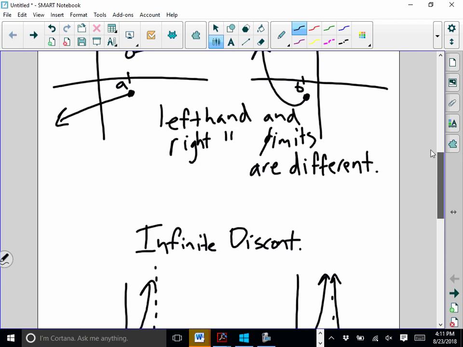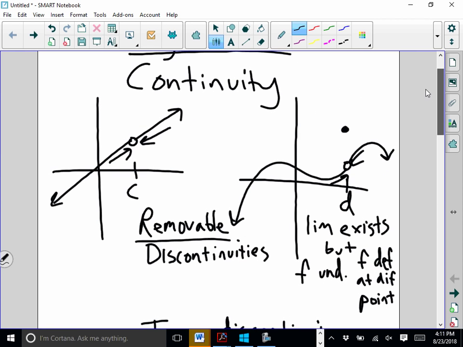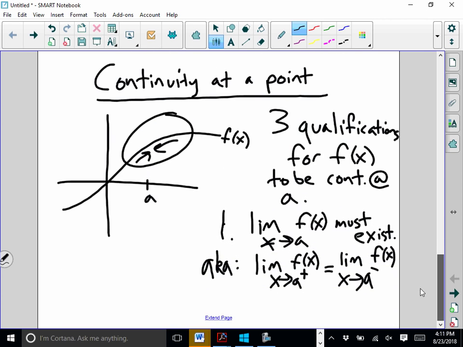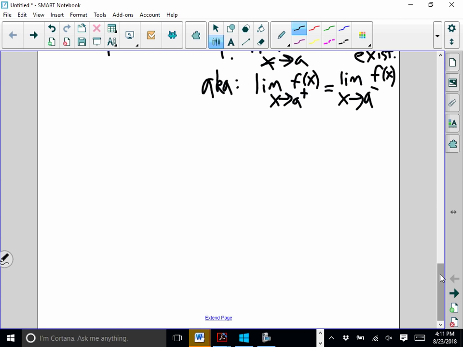With our removable discontinuities, we have limits existing, but those two graphs right there are for sure not continuous. So step one is very important here. The limit must exist. However, that's not enough to prove that something is continuous.